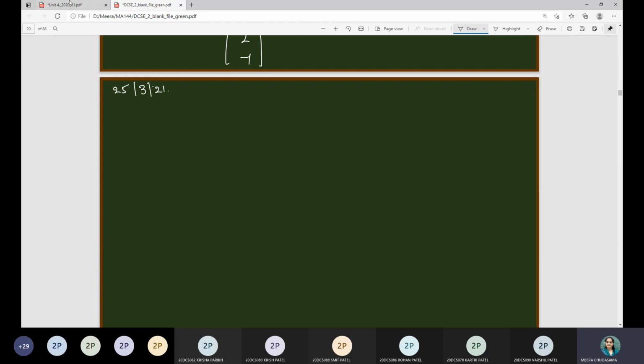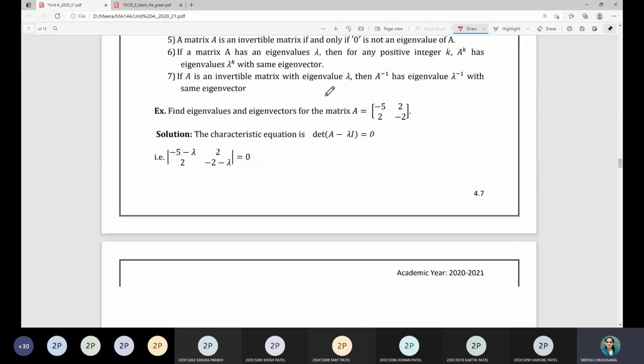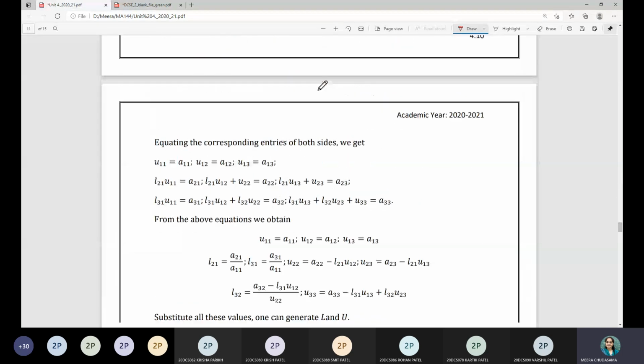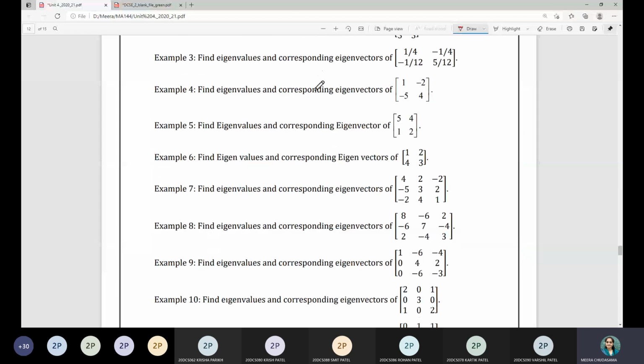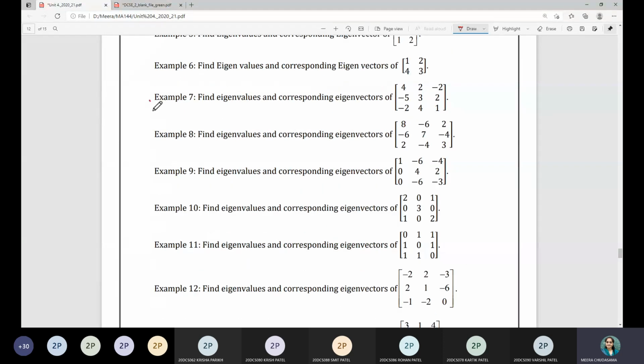So today we are going to consider this example. Example 7: find the eigenvalues and corresponding eigenvectors of this square matrix, 4 2 2, 4 2 minus 2, minus 5 3 2, and minus 2 4 1.